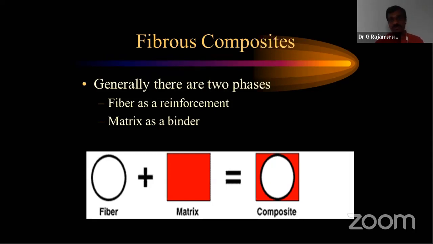If you talk about copper matrix composite, copper plays the major role there. So the matrix is copper, whereas in aluminum matrix composite, aluminum is the matrix. So when you add the matrix, if it is a fiber matrix, you have to add fiber. If it is a metal matrix, you have to add the metal plus some amount of reinforcement, and you can fabricate the final product, the composite, right?